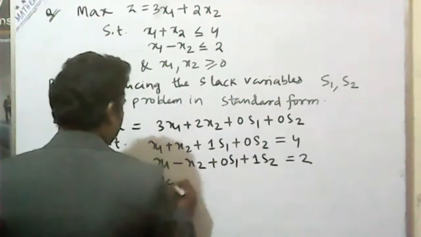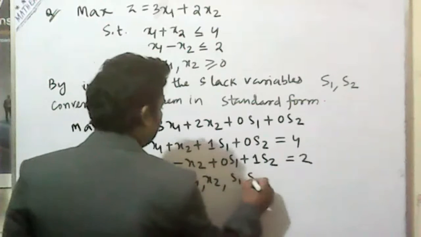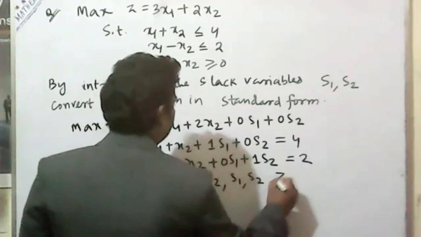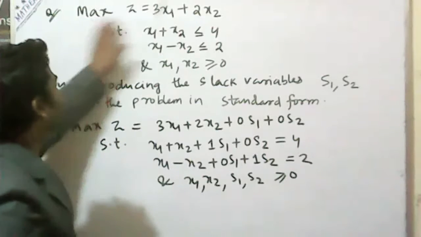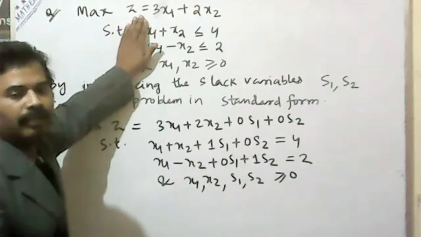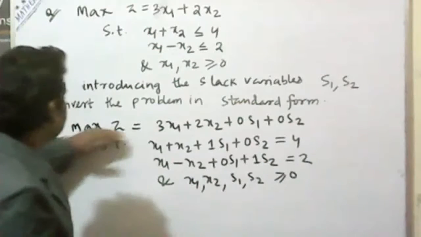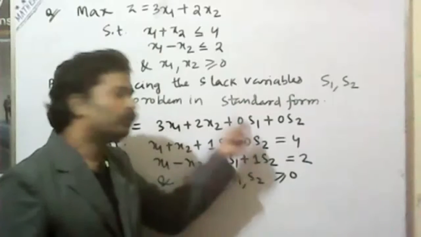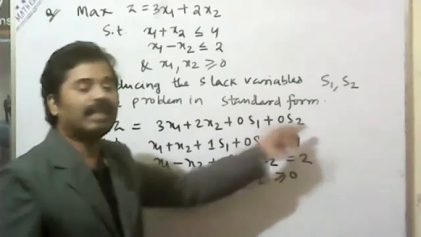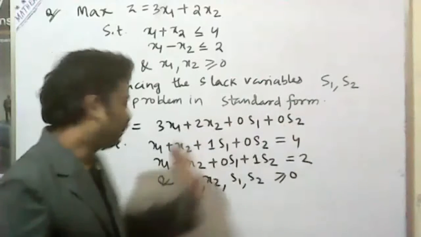Now x1, x2, slack 1 and slack 2 are greater than equal to 0. The question was max z is equal to 3x1 plus 2x2; now we add 0 slack variable 1 and 0 slack variable 2, because the slack variable coefficients are 0.